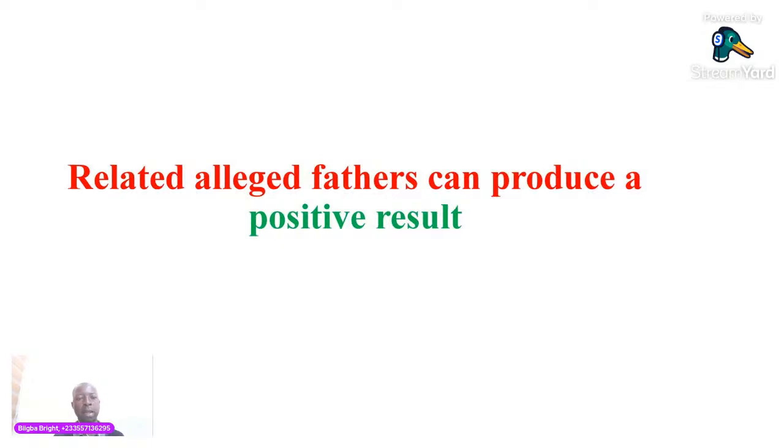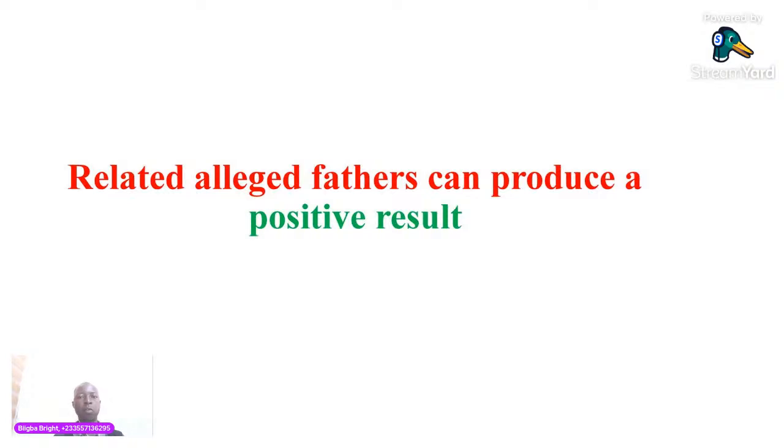Now, a related alleged father can produce a positive result. For instance, this happens when a child is looking for the father, and the mother says that this person is your real father, and the child wants to confirm, and decides to pick the genetic material of the father and himself or herself, and go for a DNA test.